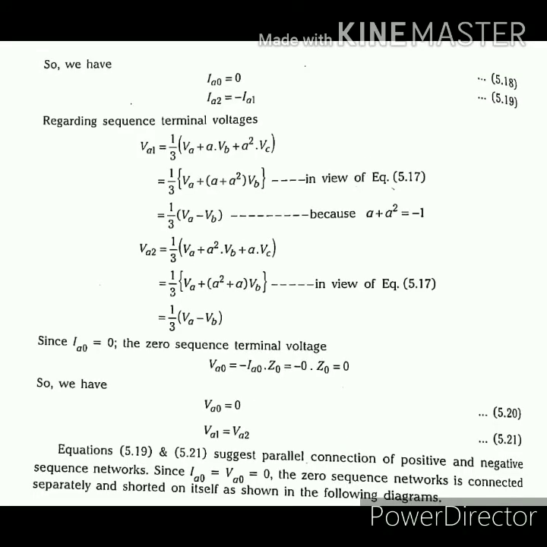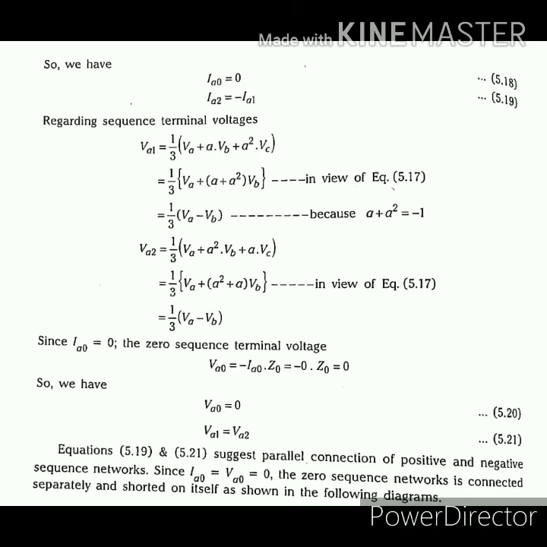So from IA1 and IA2, you can observe that IA2 is equal to minus IA1. Now we will calculate all the sequence voltages, VA1, VA2 and VA0. For VA1, again we know that VB is equal to VC.